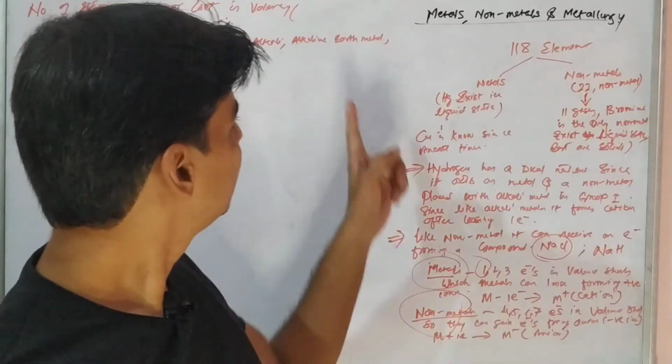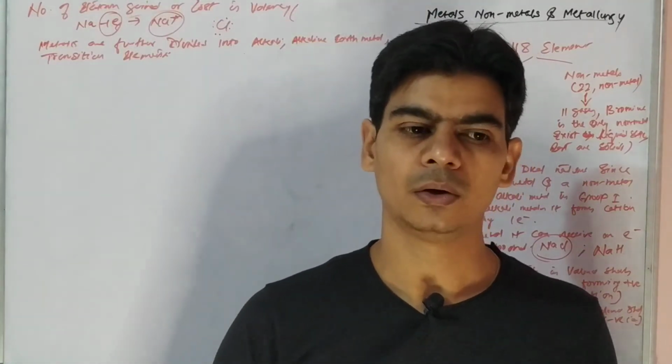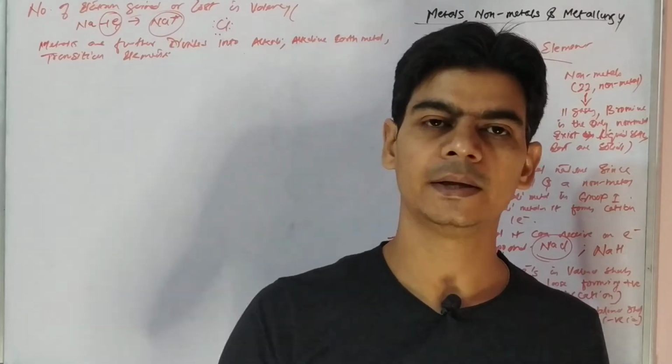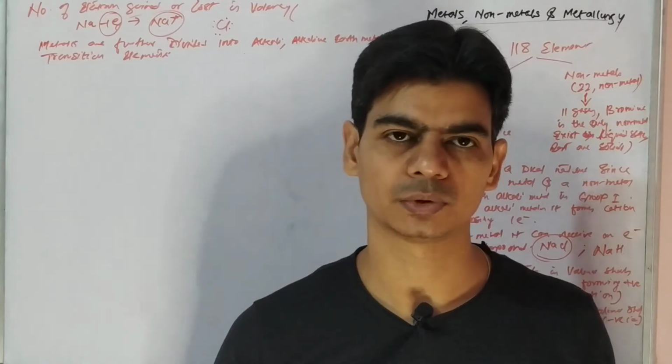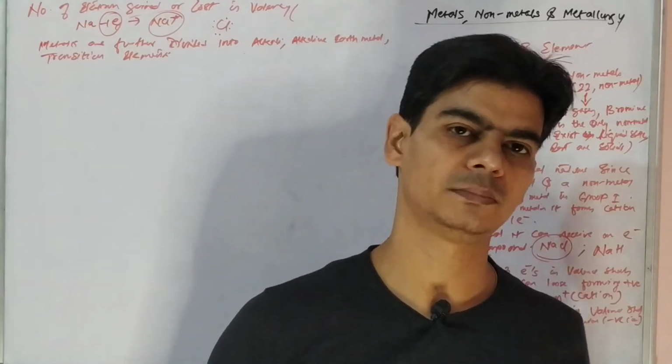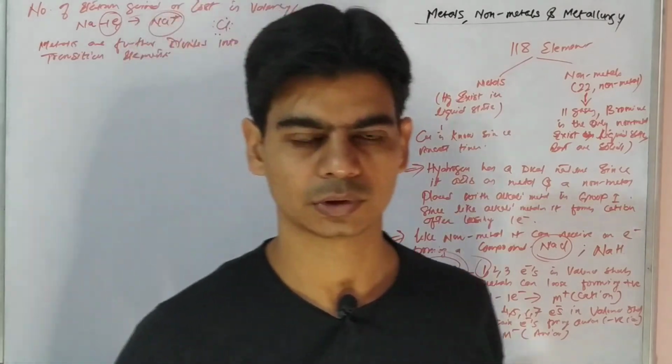Similarly, alkaline earth metals like calcium, magnesium, strontium, barium all lie in group 2 of the periodic table. Group 2 means 2 electrons in their outermost shell. We know that magnesium, calcium, barium, all these metals have 2 electrons in their outermost shell.